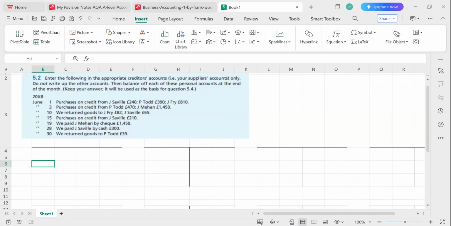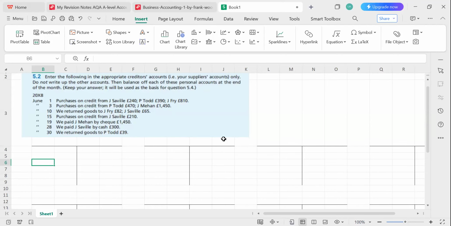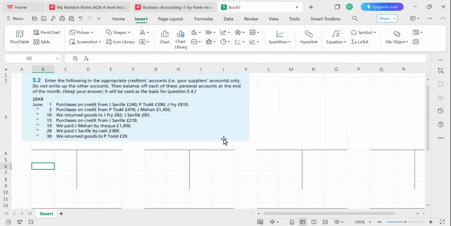We are going to make these T accounts in an Excel sheet, so that would be easier to handle. That's our question: enter the following in the appropriate creditors' accounts, which is the suppliers' accounts.